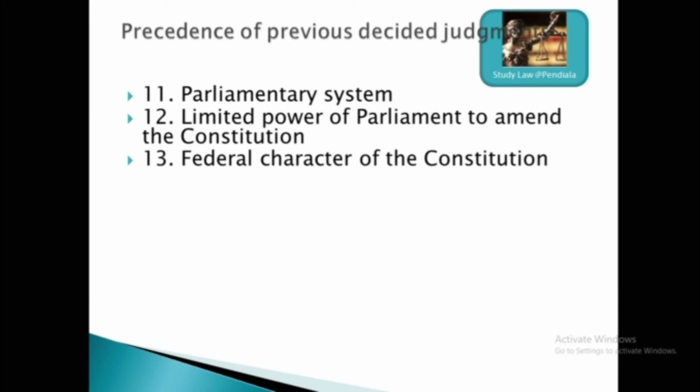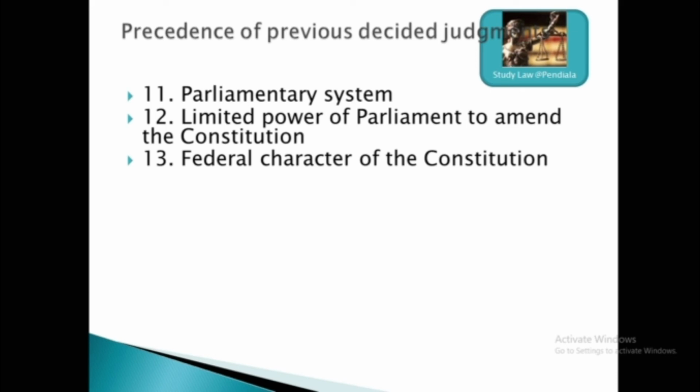And yet another important feature that will prevent a constitutional amendment is the federal character of the Constitution. India has unique federal and unitary features. Federal features particularly with respect to the number of states and union territories that are under the umbrella of the union government, and the unitary nature of the Parliament.